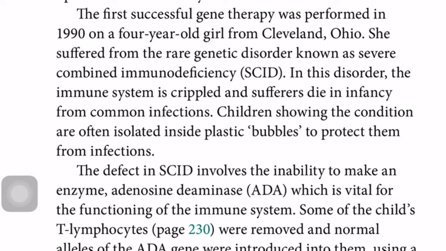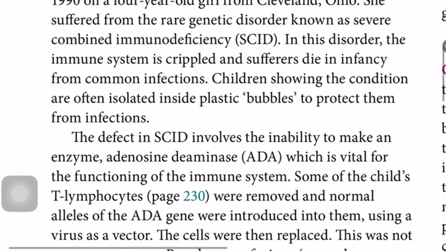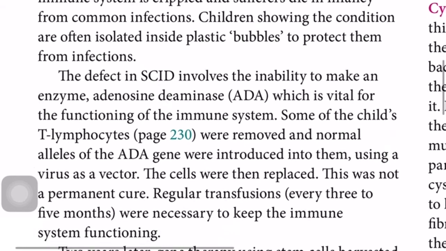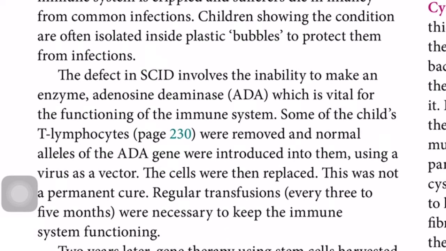The first successful gene therapy was performed in 1990 on a 4-year-old girl from Cleveland, Ohio. She suffered from the rare genetic disorder known as severe combined immunodeficiency. In this disorder, the immune system is crippled and sufferers die in infancy from common infections, because we know that the immune system does the process of defeating invading pathogens.